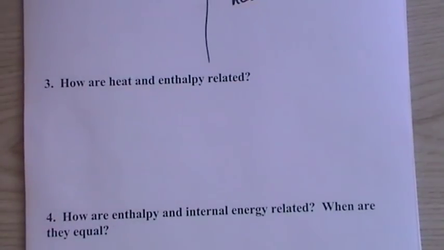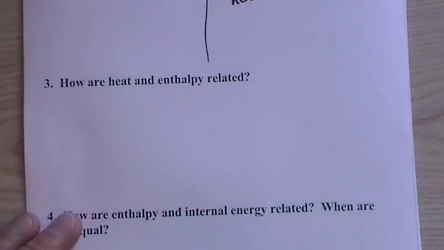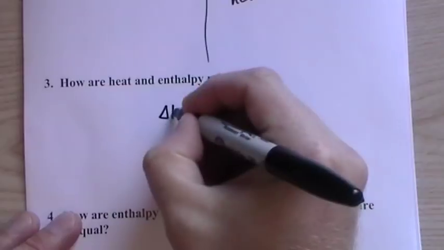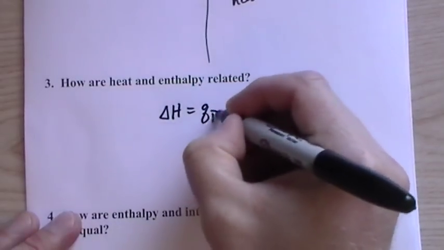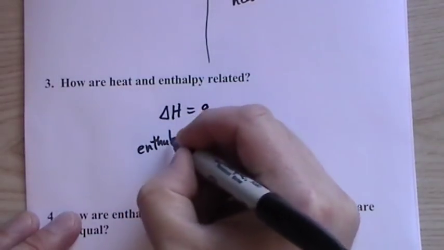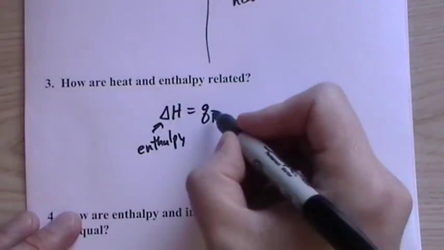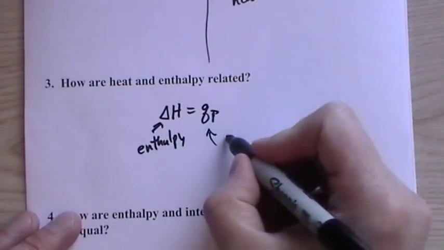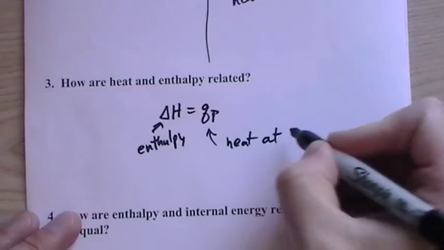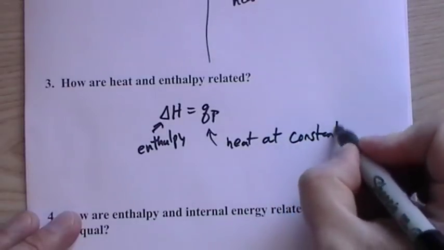How are heat and enthalpy related? Now I'm going to go back to the book to make sure that it's in here. Sometimes I jump ahead. There's a thermodynamics chapter later, next semester. But yep, it's in here. So we have enthalpy, delta H, or change in enthalpy, and heat. But this is heat at constant pressure.